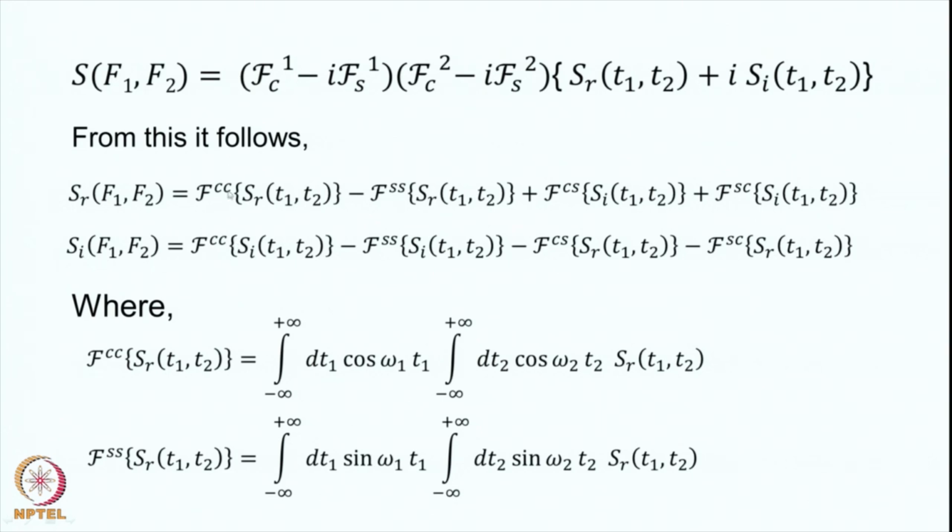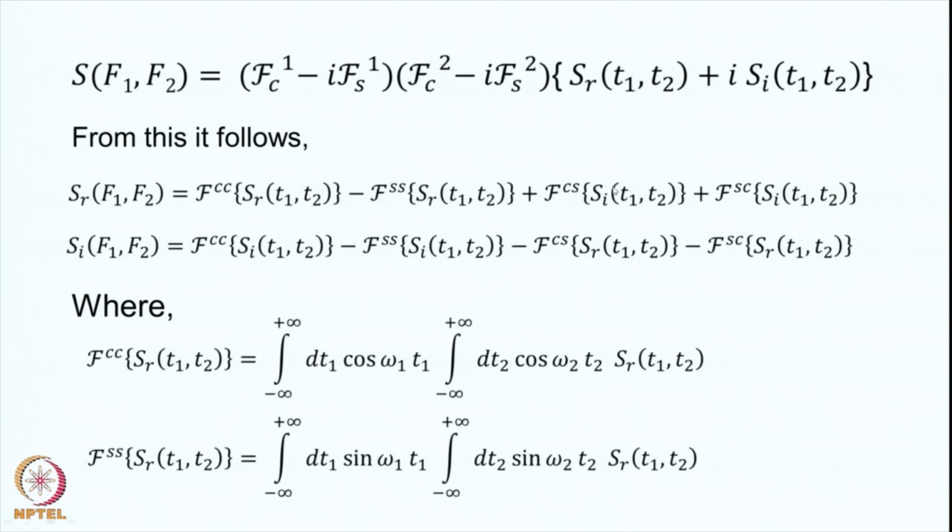Which are the ones which give the real part? FCC, this and this gives me a real part, plus the multiplication of this and this, so minus FSS SR(t1, t2), this gives the real part.